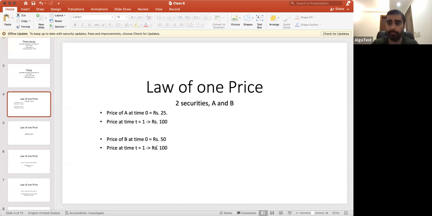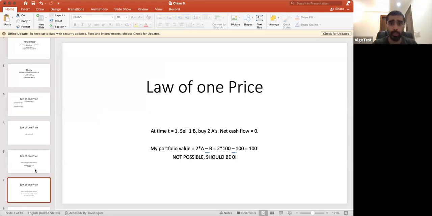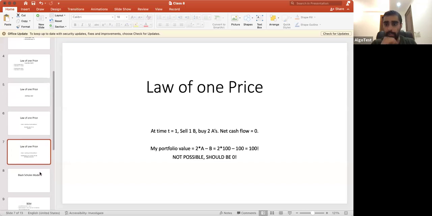It says that if sometime in the future, these two instruments are giving me the same cash flow, right? Then today they have to be worth the same thing. If they are not worth the same thing, I can create an arbitrage, right? So there should be no arbitrage. That is what the law of one price says. And it's a very fundamental concept in finance. This is what all pricing is based on.